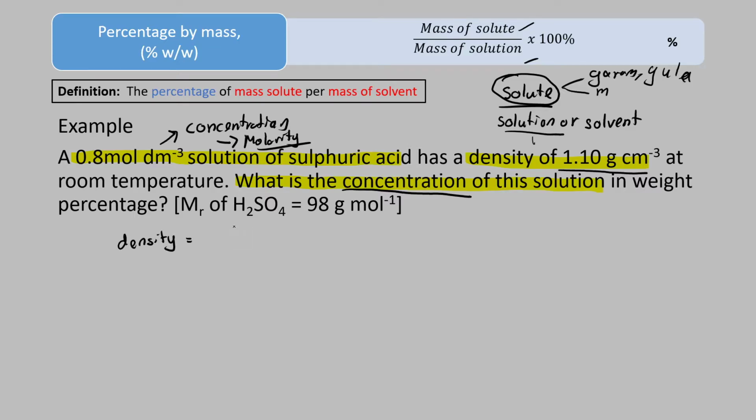Mass over volume, yes. So what I'd like you to do is list at the top all the formulas you know that relate to the information. So now you have the mole per dm3 of sulfuric acid solution, which is the concentration, the molarity.